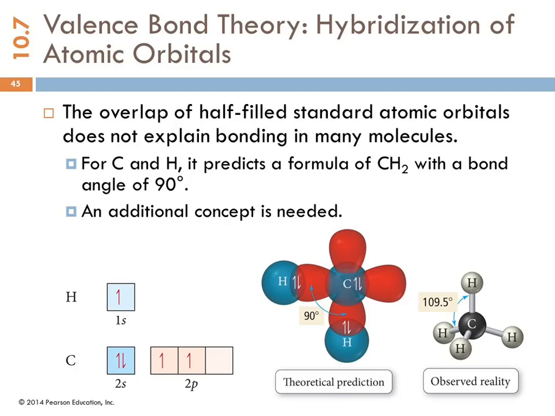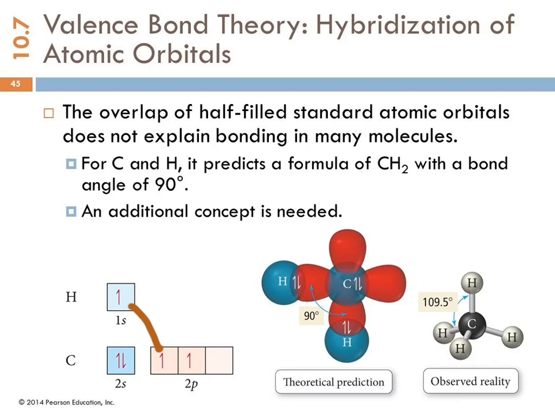Let's look at methane. Well, here's the orbital diagram for carbon. There's a filled 2s orbital, and there are two half-filled 2p orbitals. And here's hydrogen with a 1s half-filled orbital. So we could imagine that these guys are going to overlap. And so we've got overlap here.